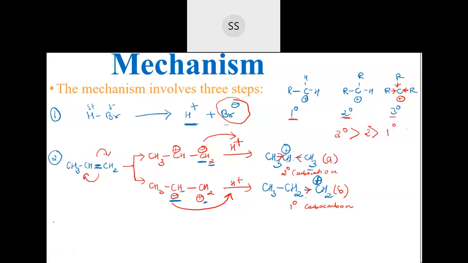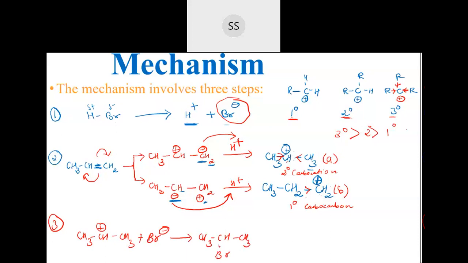In our third step, this CH3-CH positive-CH3 will immediately react with Br minus, giving rise to CH3-CHBr-CH3.